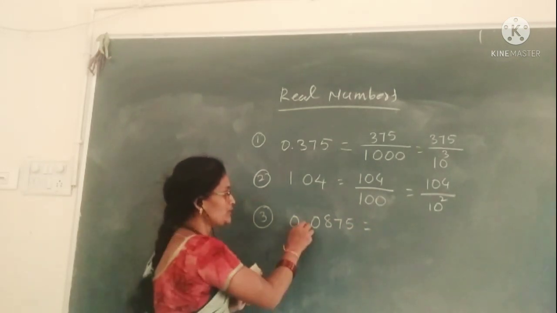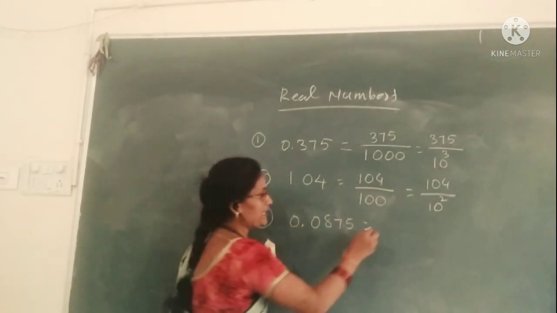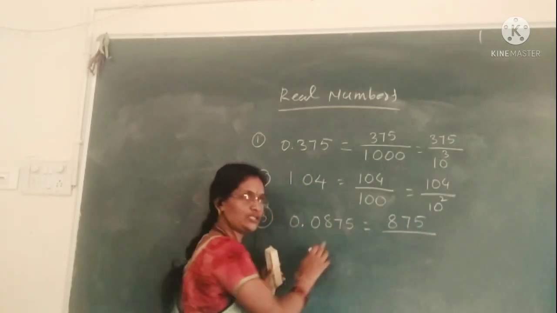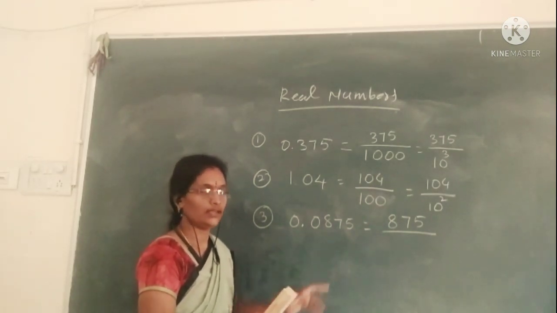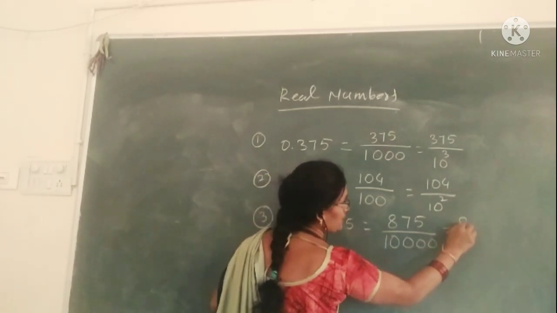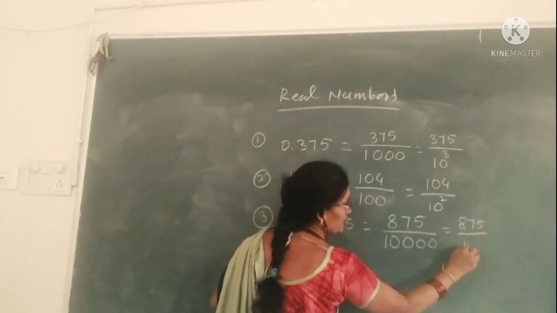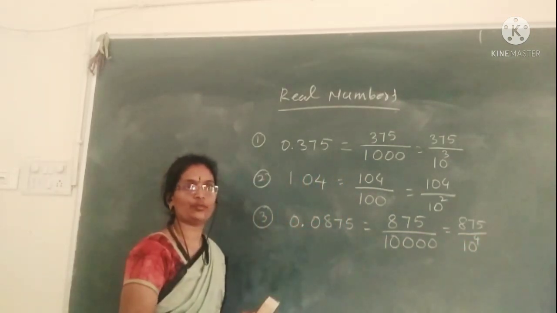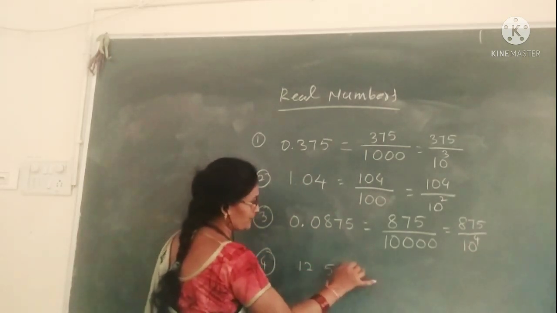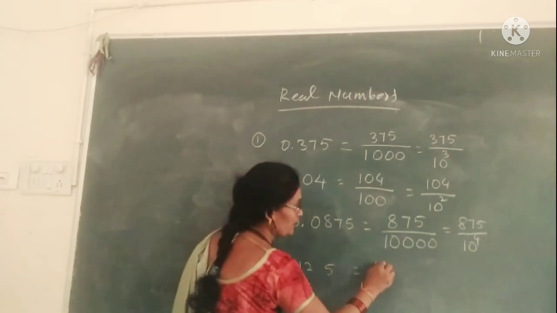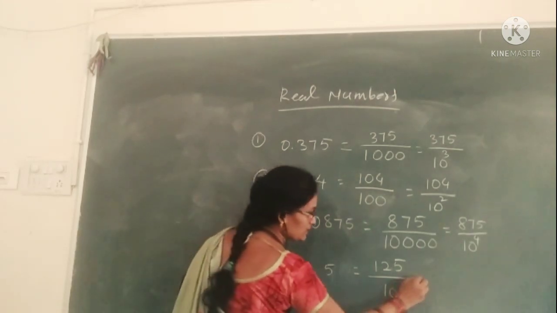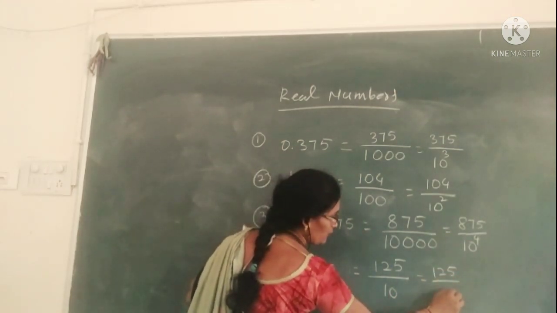We write it in p by q form: 875 by 10000, since there are 4 decimal places, which is 10 to the power of 4. Next example, 12.5, which we write as 125 by 10.